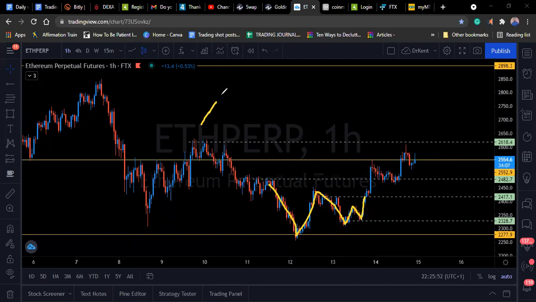Price forms, goes up to a resistance, comes down, goes up. You think it's going to form an M, but it goes very high, forms an M with a higher left leg, then comes down. You think, oh, this M is finally going down, but then it gets to the neckline and bounces again.